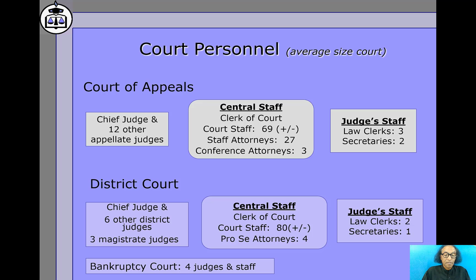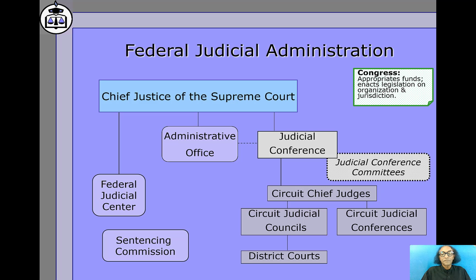At the district court level, again, you have the chief judge plus 6 district court judges with a central staff, and each judge's staff with 2 law clerks, and the same with bankruptcy court judges. Now, federal judicial administration, as you can see at the very top, is the Chief Justice of the Supreme Court with the administrative office and the judicial conference that we mentioned in the previous slide.